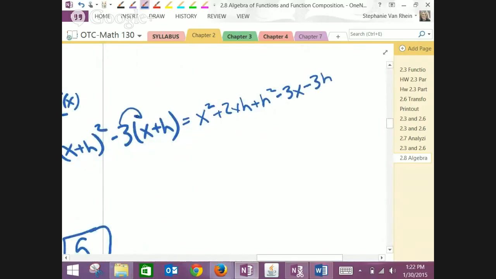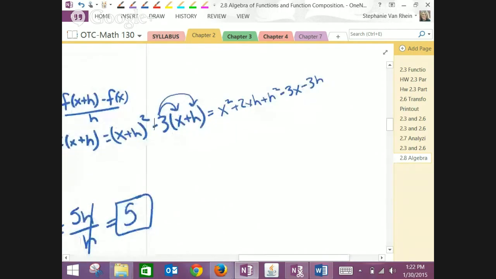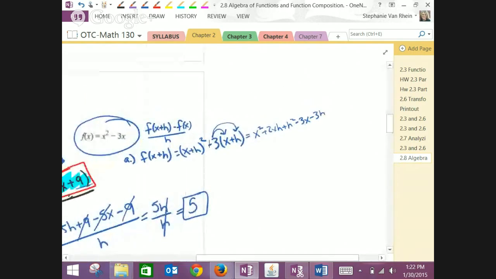And you have to be careful, you're distributing that minus 3 to both those terms. So does everyone see where this f of x plus h came from? I plug x plus h into my original function of x squared minus 3 times the quantity x plus h.